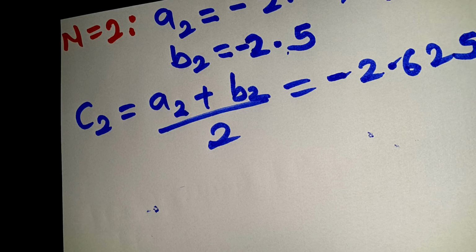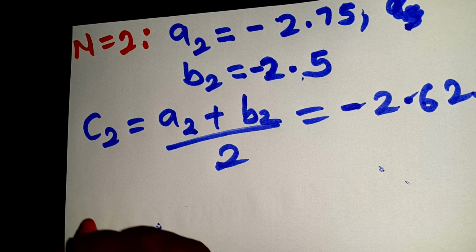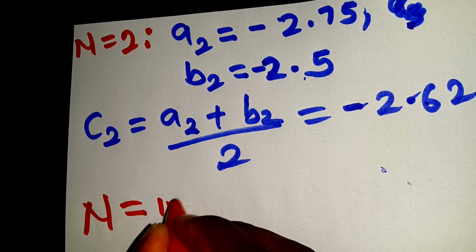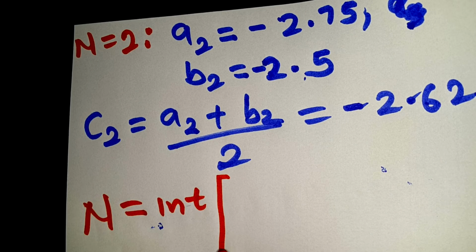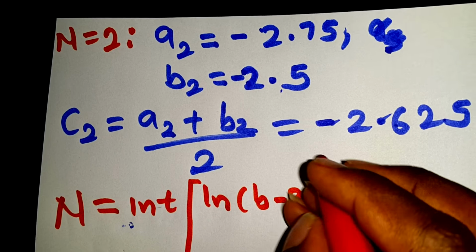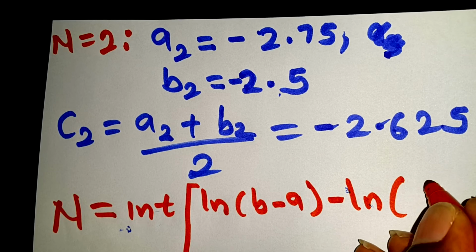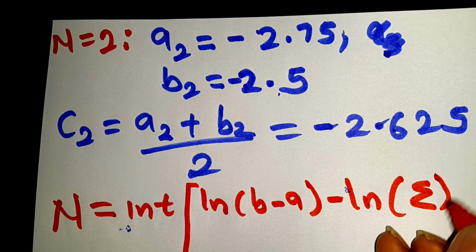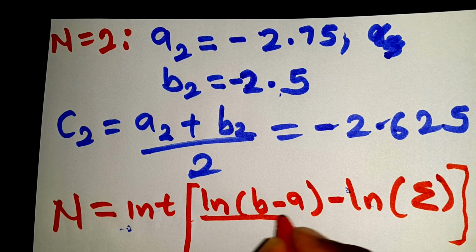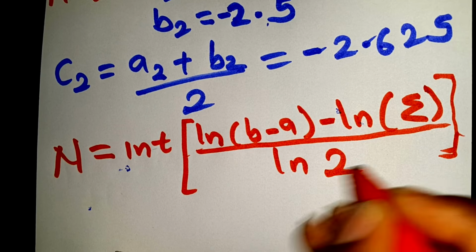But if you want to know where the iteration will stop, then you have to use a formula, and this is the formula: n equal to integer of ln(b minus a) minus ln(a) divided by ln 2.